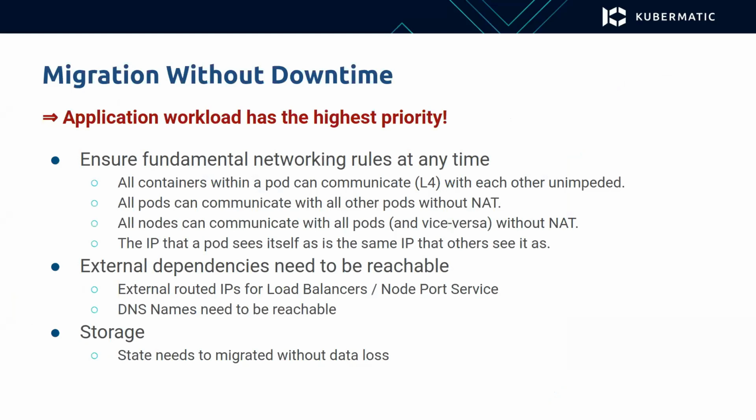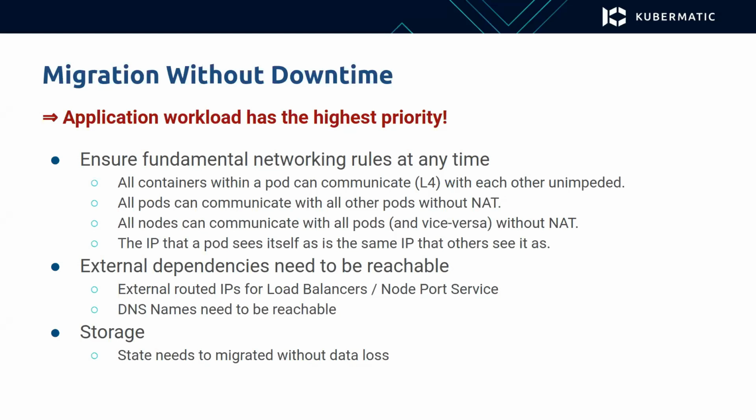So when we talk migration without downtime, what are some fundamental things we have to look at? First of all, Kubernetes has core networking rules that are fundamental to how its network setup works and is expected to work. And those need to be ensured at any time, right? All containers within a pod can communicate with each other inside the pod.